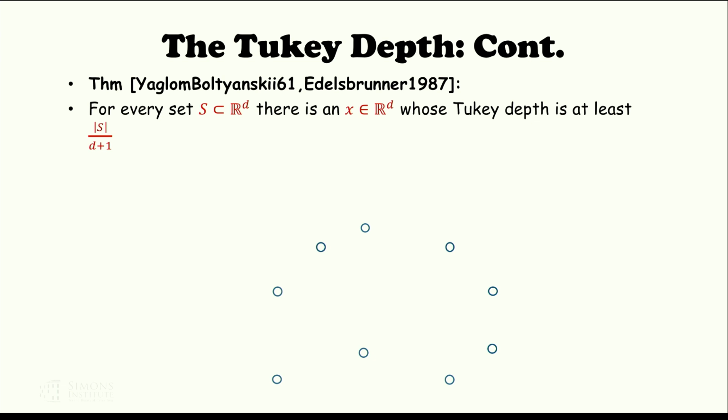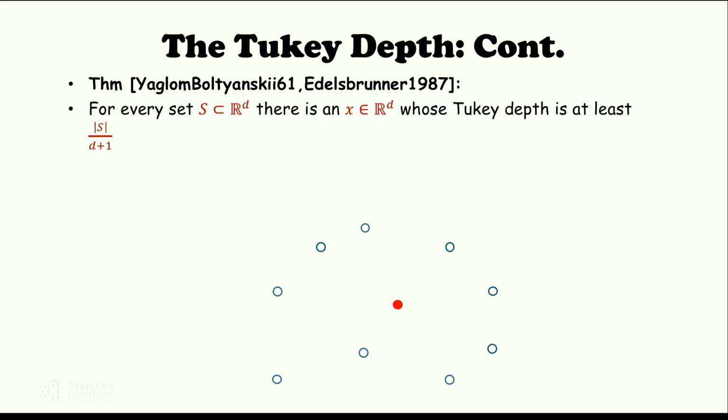If we take d equals 1, there's a median. That's what it said, but it's just generalized to every dimension. One problem is that the point is guaranteed not to be a point in the sample, but it will be some point in R to the d.